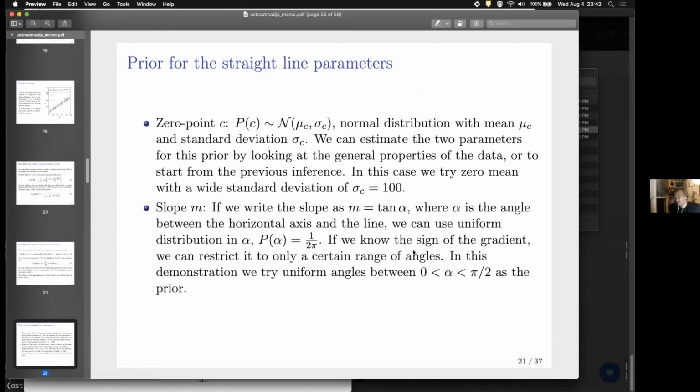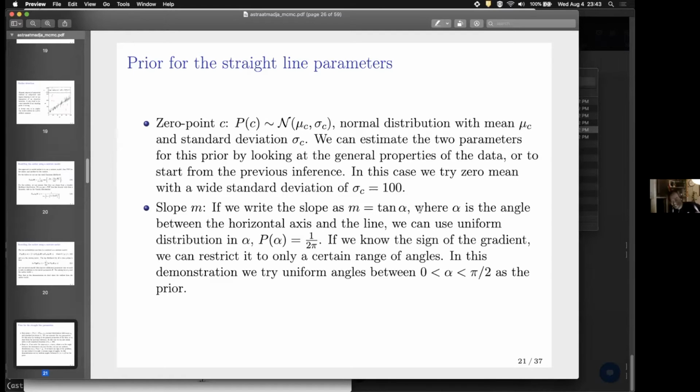Now the slope. The problem if you just use a uniform distribution in the slope is that it will favor higher slopes over slopes close to 0. It's not really a good assumption to use a uniform prior for a slope. So what we can do is write the slope as the tangent of the gradient angle.